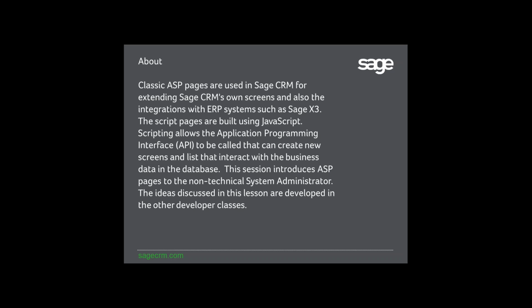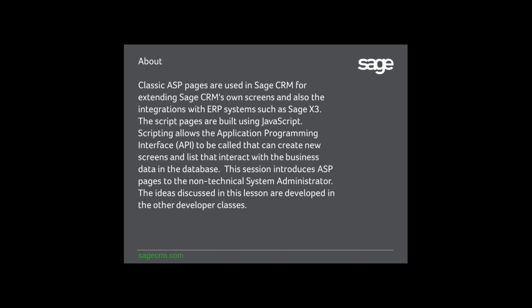And although in this course, as we're teaching it at the moment, we're going to be emphasizing really the idea of scripting for classic ASP pages that extend Sage CRM's main interfaces, so new screens to support custom entities, we'll also extend that to look at the idea of creating integrations with corporate websites through the use of self-service.